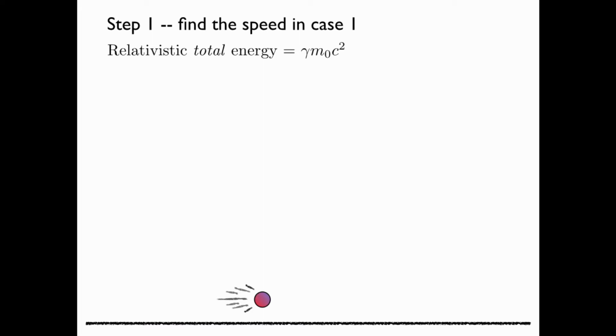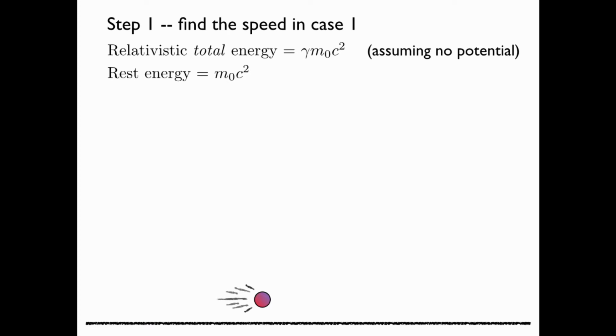The total energy is given by this formula: gamma, or the relativistic factor, m naught, which is the rest mass, and c squared. This is assuming there's no potential like a gravitational or electric potential. The rest energy is Einstein's famous formula, m naught c squared.